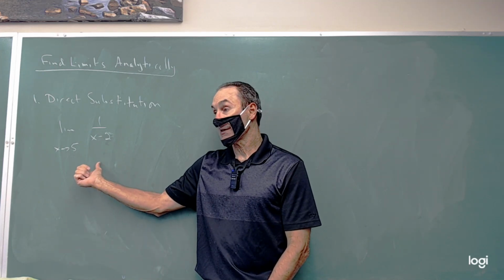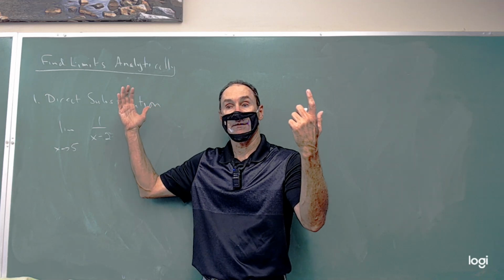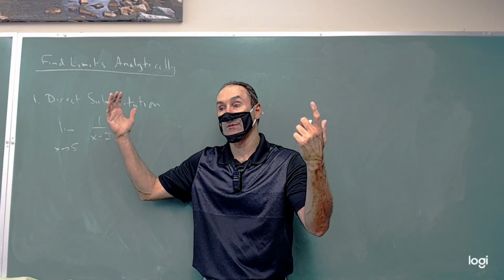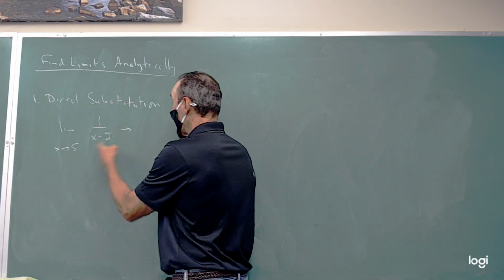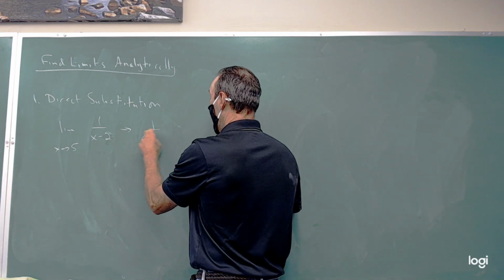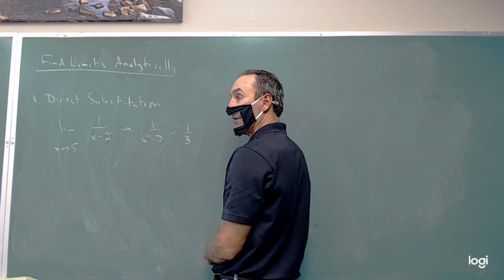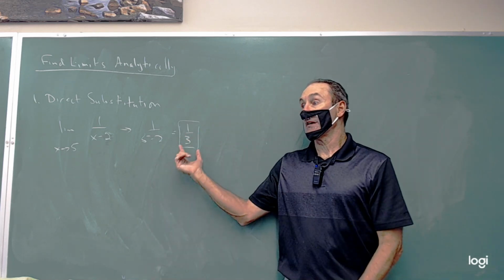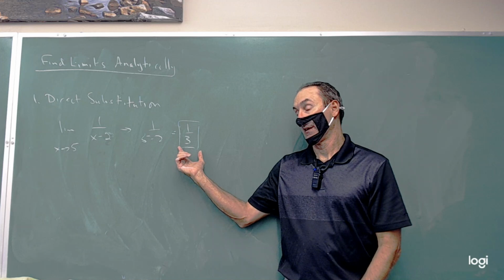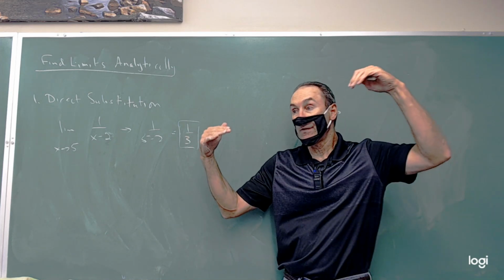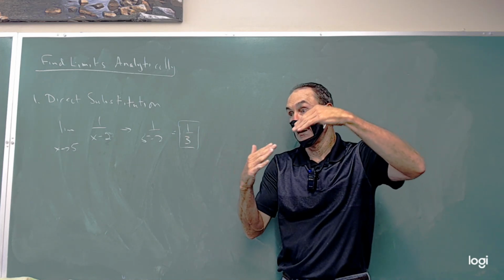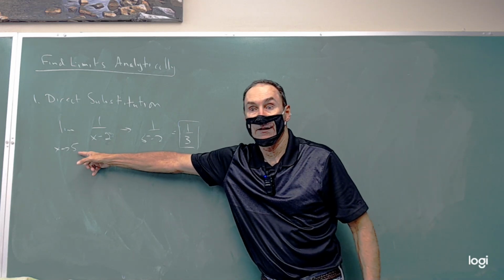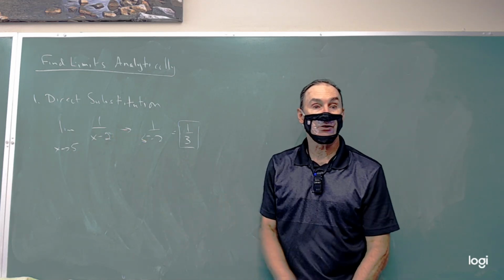And if that turns out to be a number, that's it. That's the limit. We call that direct substitution. So if we plug in the 5, we get 1/3. There it is. That's the limit. Because this worked, then our function is behaving very nicely around that limit point, and there's no big issue.